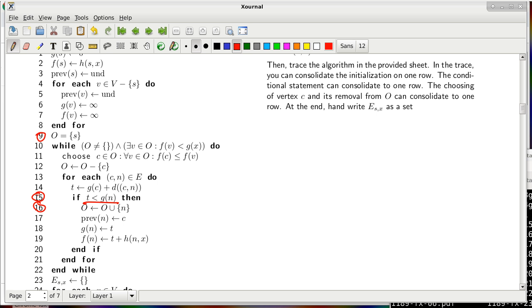It's in the code here. They're all initialized to infinity, except for the start vertex. U is not a start vertex, so it's definitely initialized to infinity, which means if I do find a path from the start vertex to vertex U, it's going to get to this code here, and this condition on line 15 is going to be true.